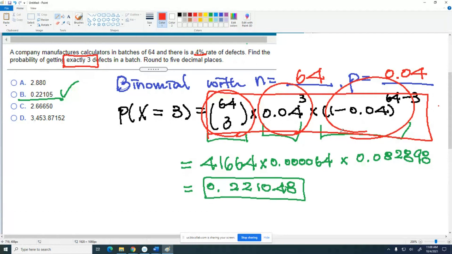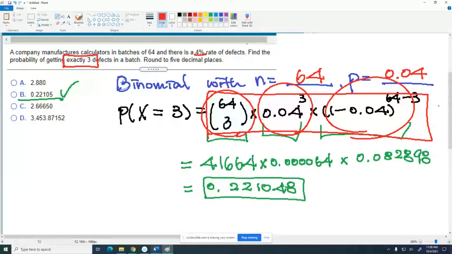What was property number 1 for probabilities in chapter 4? Any probability must be between 0 and 1. Many students before got a probability bigger than 1. Wrong. Never, ever bigger than 1. It must be between 0 and 1. Remember, right?